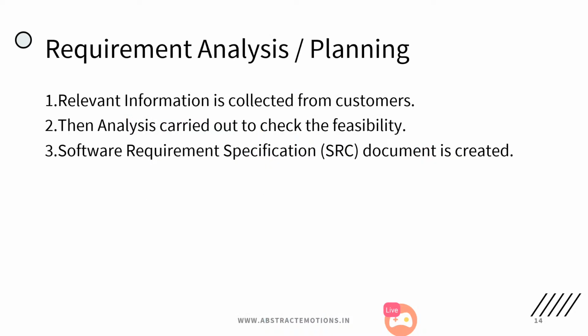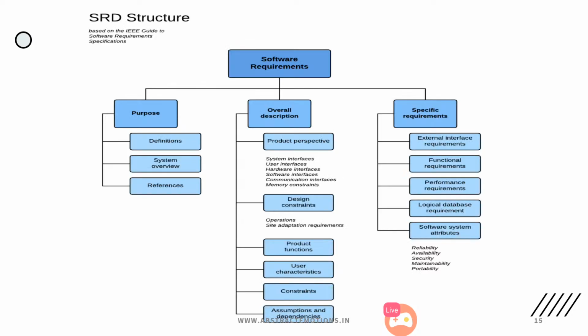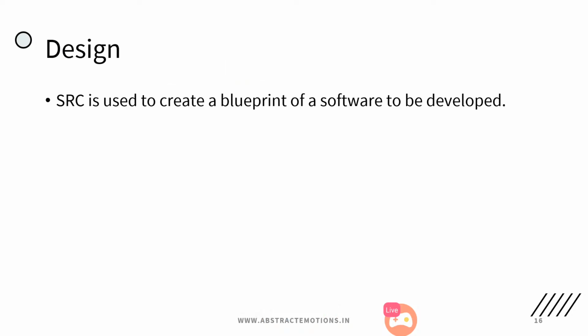This is an interaction between a software development company and a customer. The customer has its own requirements and they are interacting with each other. The first phase used by the software development team is requirement and analysis, where they create the software requirement document. Then the design phase comes up.